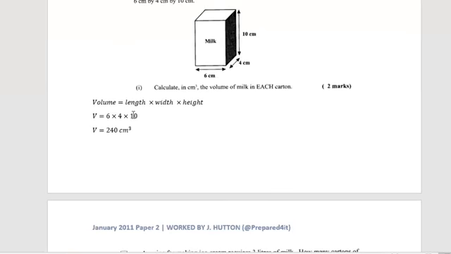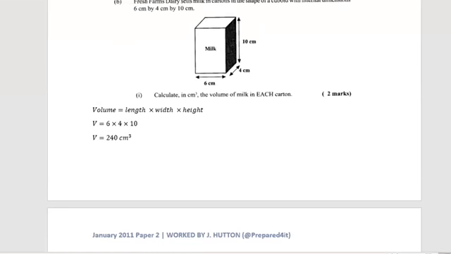Okay. So basically, what I'm doing is finding the volume in each carton, and the formula for volume of a cuboid is volume is equal to length multiplied by width multiplied by height. And what we know is that they gave us all 3 dimensions. So it is now basically just substituting each value into the formula.